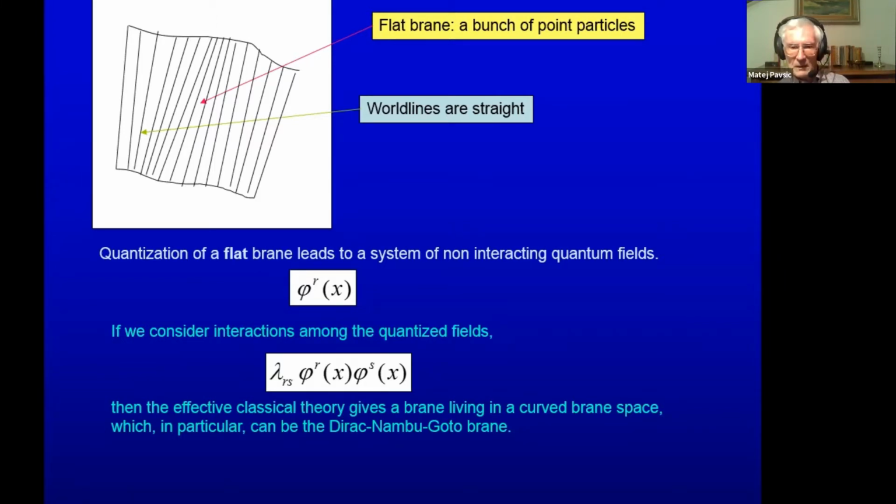So this interaction among fields leads in the classical theory, as an effective theory, to all sorts of classical branes, and one of those branes is just the usual Dirac-Nambu-Goto brane.